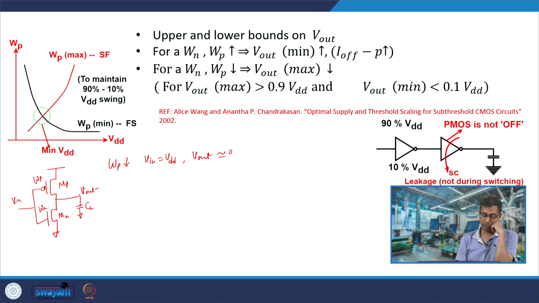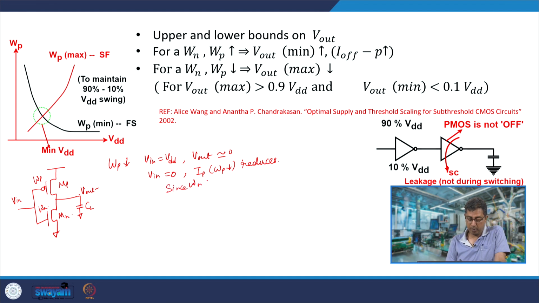But if V in is 0 and V out is supposed to be VDD, but WP is smaller, IP would also reduce, whereas Wn is the same, so In is constant.